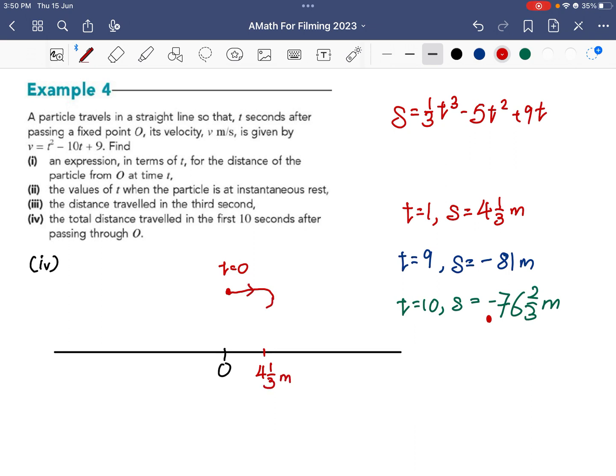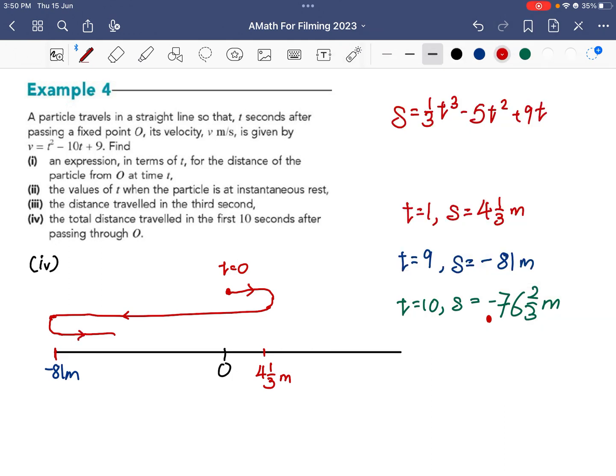It has traveled 4 and 1/3 meters. Then the particle will U-turn, and travel all the way back until somewhere here. This point here is negative 81 meters. Then what happens at negative 81? The particle will U-turn again and travel until t equals to 10 seconds, which is negative 76 and 2/3.